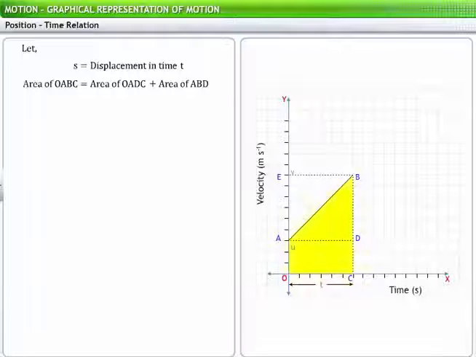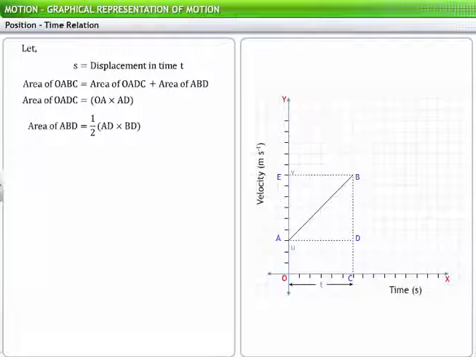The area of OABC is the sum of the areas of rectangle OADC and triangle ABD. Area of a rectangle is the product of its length and breadth, while the area of a triangle is half the product of its base and height.